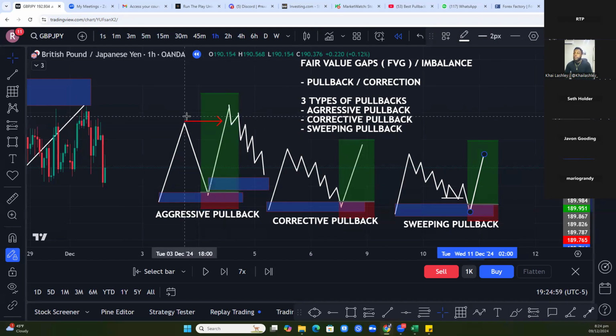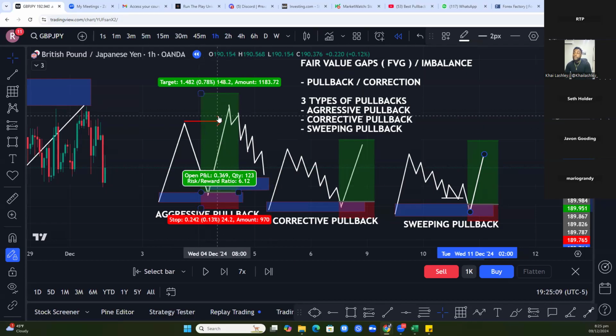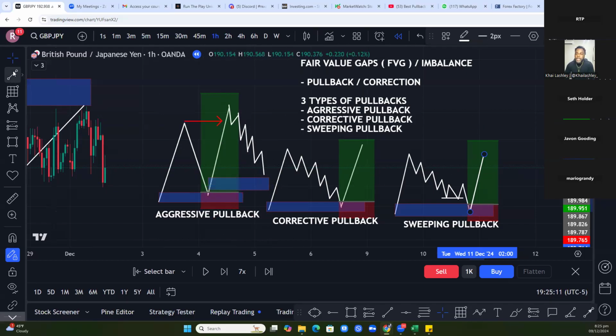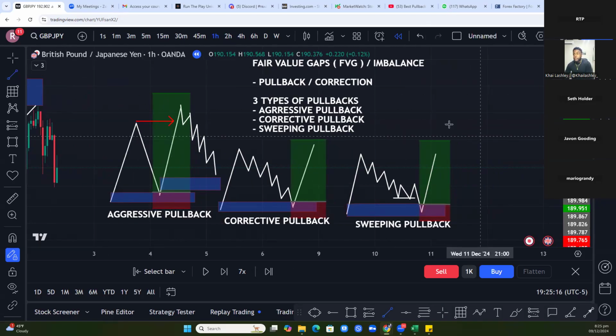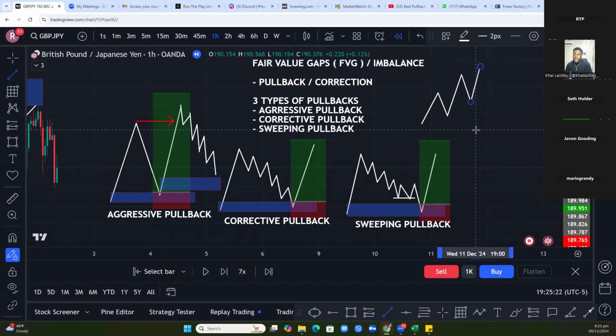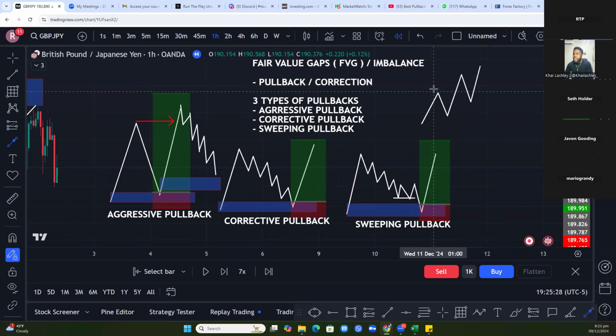We want to see price grabbing this liquidity above and trading back down into the liquidity and the imbalance below, because if we are looking for buys, remember, we know it's an uptrend if the market is creating higher highs and higher lows. If we don't create a higher high, we don't know for sure it's an uptrend. We need to see breaks of structure at every given point.